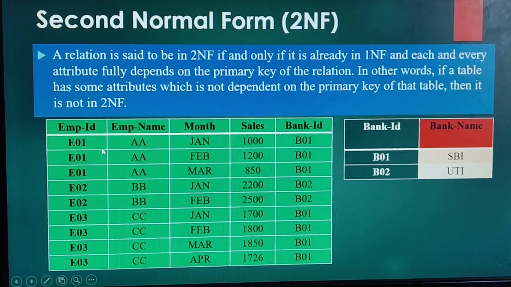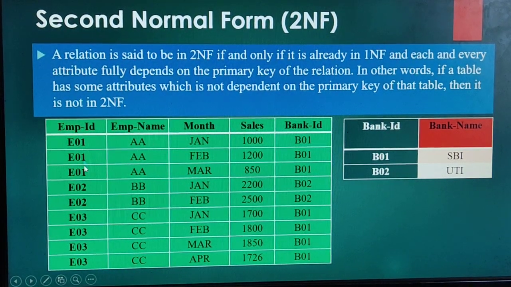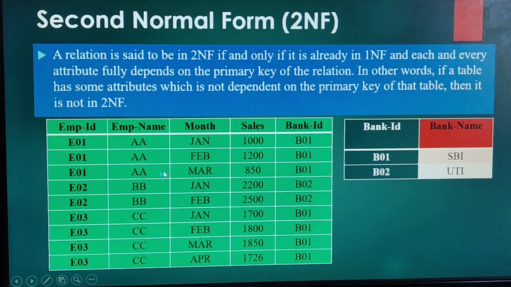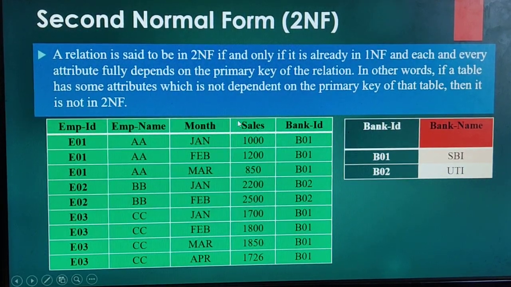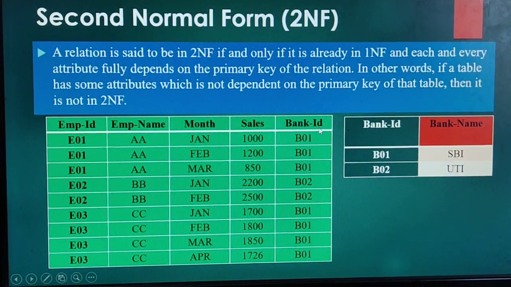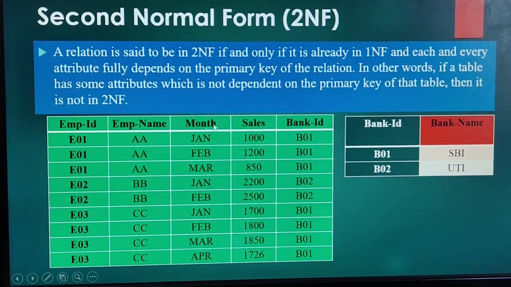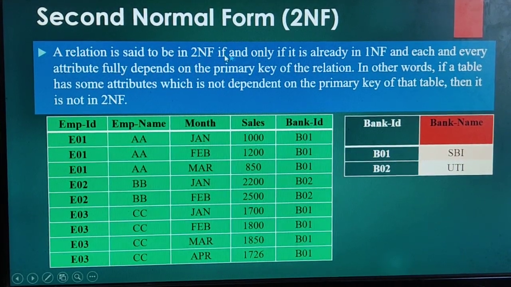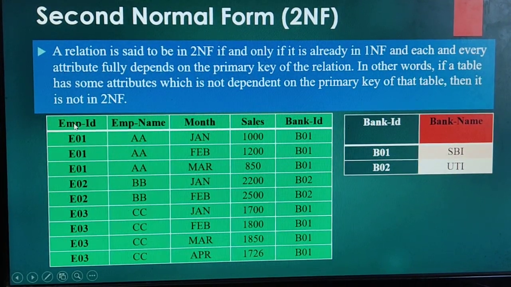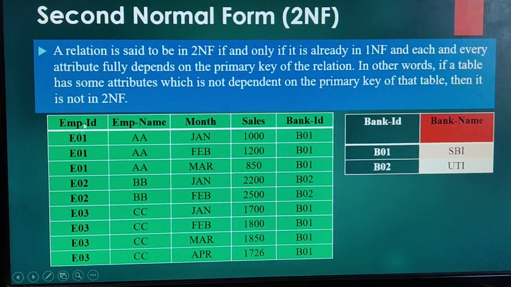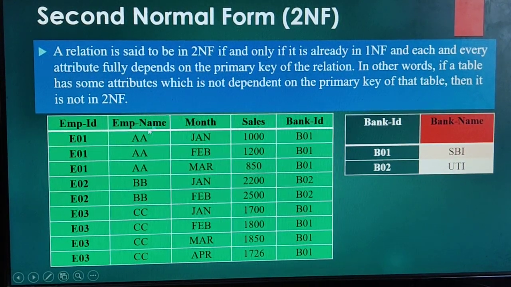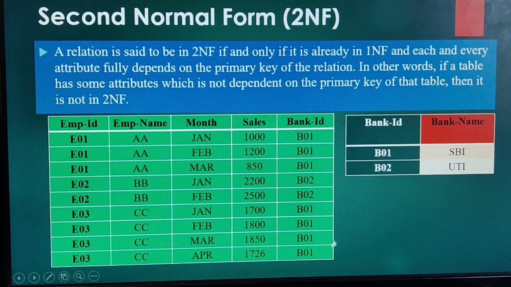So if we take employee ID as the primary key, then all the other attributes, employee name, month, sales, and bank ID, these four attributes must be fully dependent on employee ID. Without employee ID, there should not be any existence of these values.